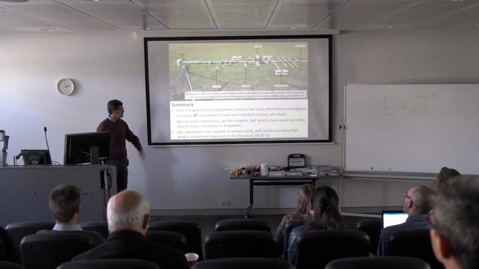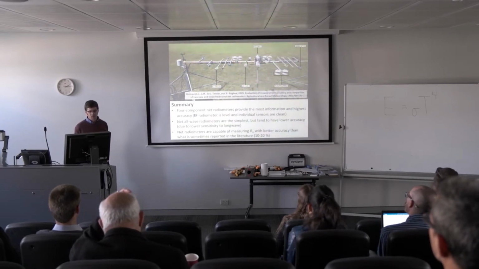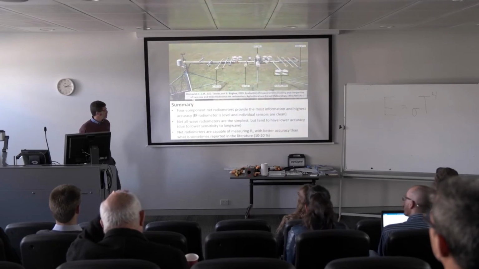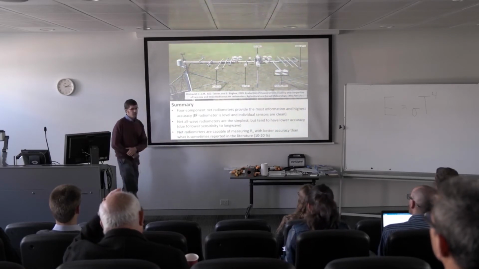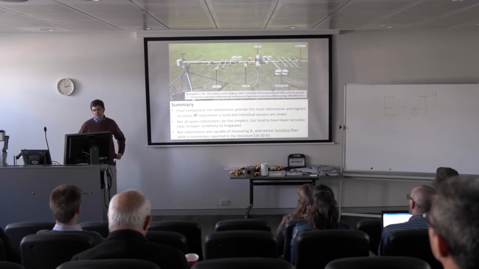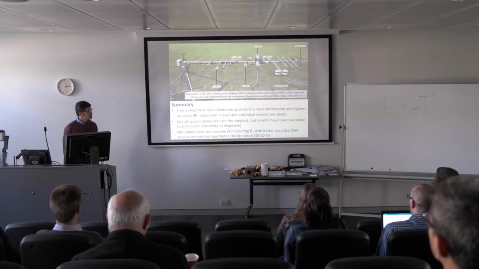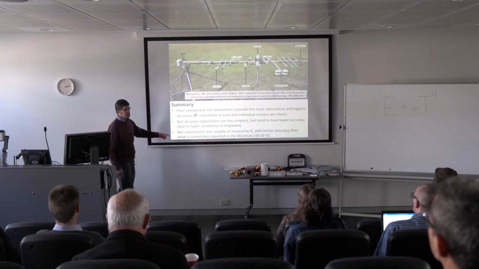But the major findings are that the 4-component net radiometers did indeed provide the most accurate measurements. But I put an if in here. You have to make sure that the radiometer is level, and you want to make sure that the individual sensors are clean. The net all-wave radiometers were the simplest, but they did have lower accuracy, and it was due to lower sensitivity to long-wave radiation. The last line I think is important.